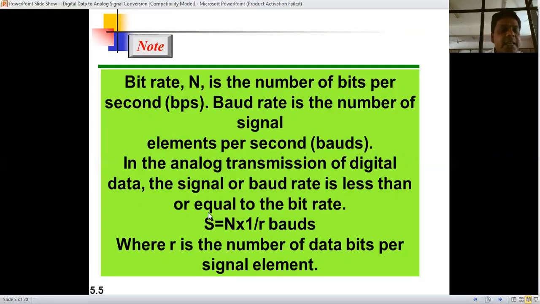In this equation, S represents the signal elements per second or baud rate, and it is calculated as S = N x (1/r) bauds, where small r represents the number of bits held by a signal element.